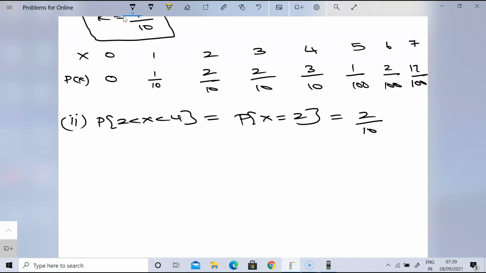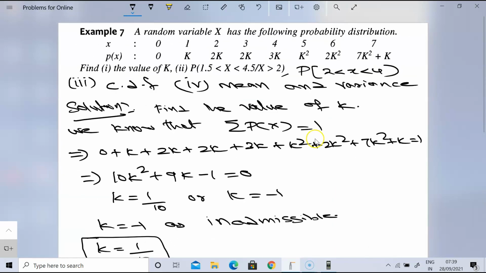Now, in the second problem, there is something called conditional probability. What am I given? The probability of 1.5 less than x less than 4.5, given that x is more than 2.